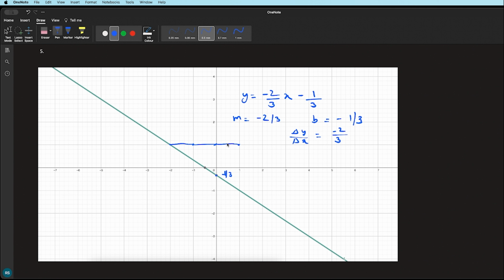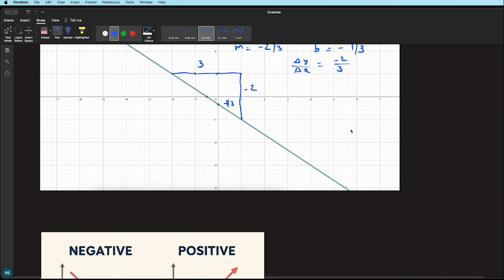So my change in x is 3. And my change in y is minus 2. What does minus represent? It means you are going in the downward direction by 2 units: 1, 2. So this is my minus 2 and this is my 3. So my slope is defined by minus 2 by 3.